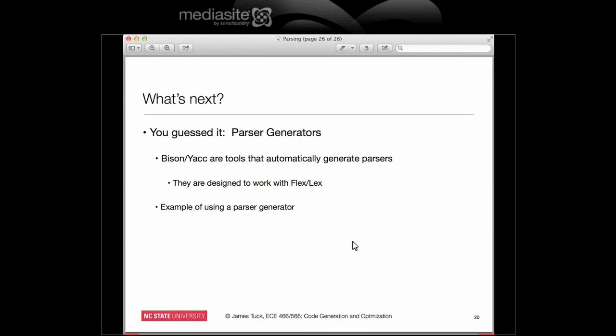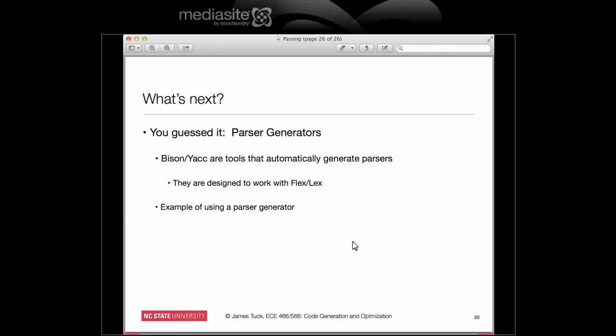Okay, so the next thing we're going to talk about in the next video is how we can actually go from an idea for a grammar to a program that implements that grammar. And there is a lot of theory out there behind this process. If you feel like I'm skipping over a lot of details, you're absolutely right. There are people who spent years and years studying this problem and perfecting it.